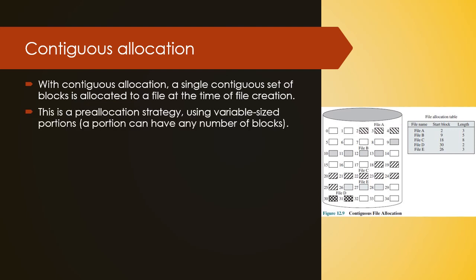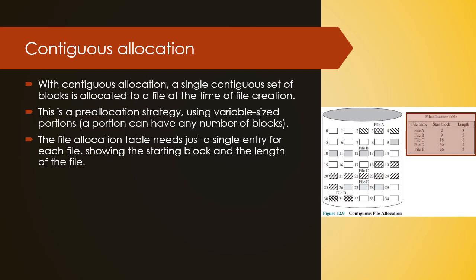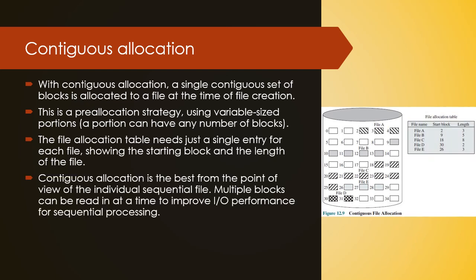This is a pre-allocation strategy using variable sized portions, that is, a portion can have any number of blocks. The file allocation table needs just a single entry for each file, showing the starting block and the length of the file. Contiguous allocation is the best from the point of view of the individual sequential file.